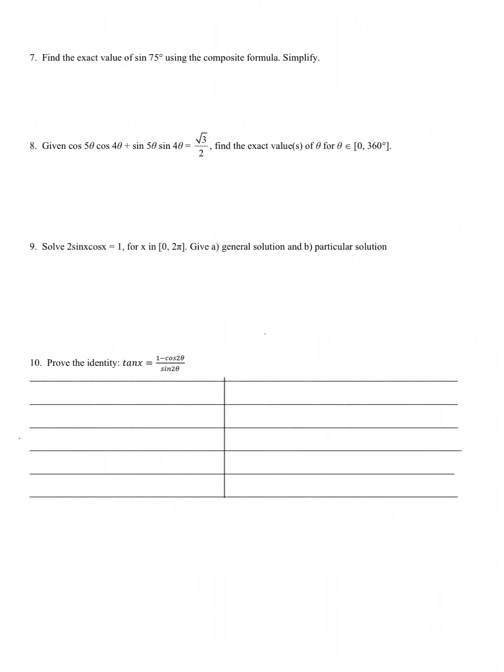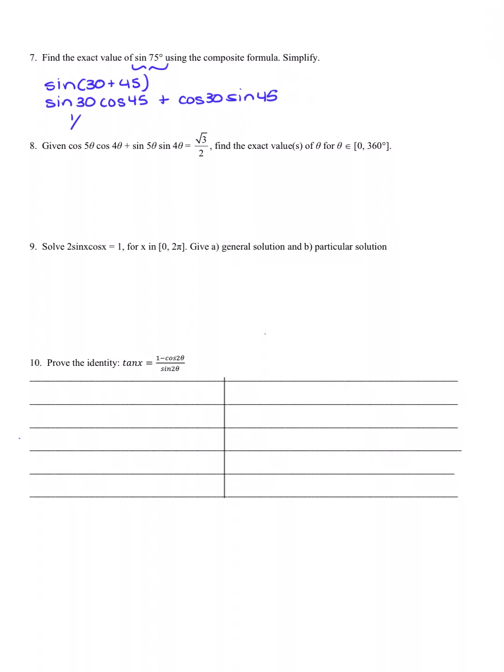All right. And so now we want to evaluate sine 75, so we're going to rewrite that as 30 plus 45 and use our composite to expand. So that's sine 30 cosine 45 plus cosine 30 sine 45.